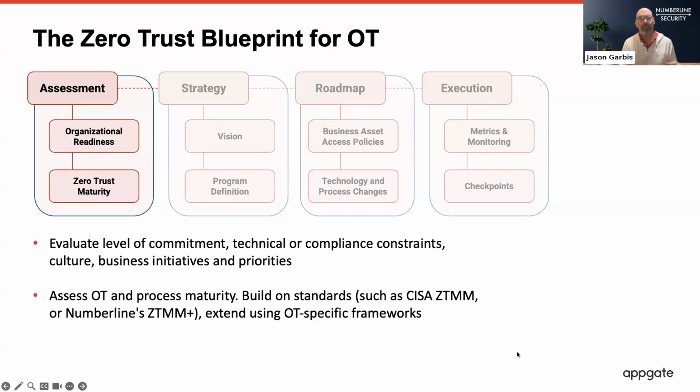Taken together, those two things give you a solid foundation and a very clear picture of your organization's strengths and weaknesses, and the degree to which you have to do internal promotion, internal selling, versus a heavier focus on execution.